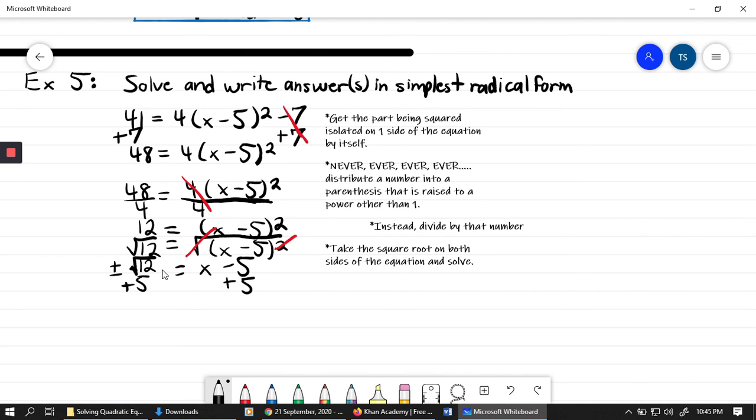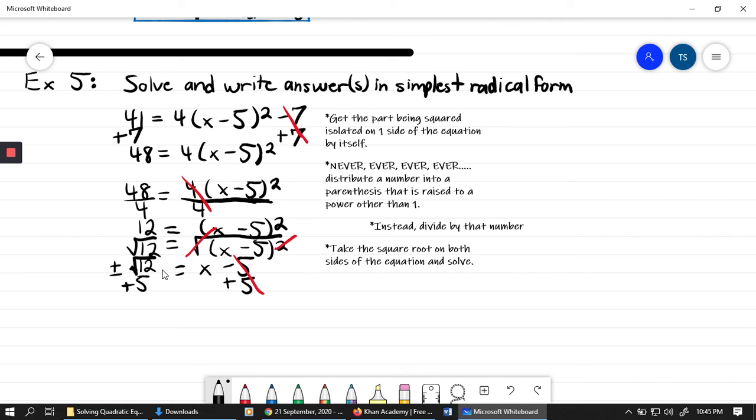Not unless both of these numbers are whole numbers, and 12 is definitely not a whole number, or unless both numbers are radicals with the same radicand. In other words, both would have to have 12 up under the radical as the radicand, and that would be the only way you could actually combine these things.